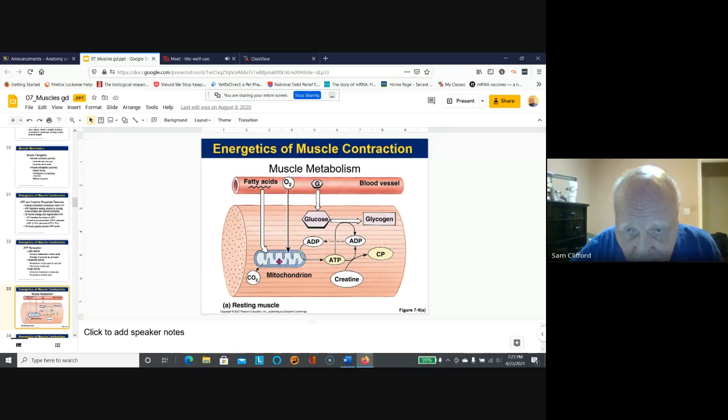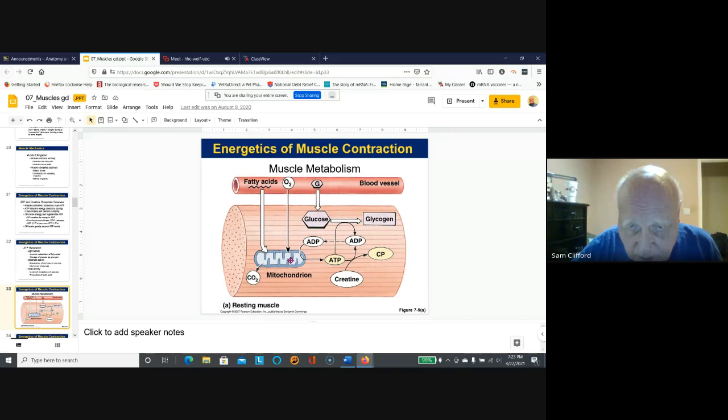So the mitochondria is going to make ATP. It's going to take glucose, and the energy of glucose will generate ATP, and creatine phosphate will be generated. Any glucose not used is going to be stored in the liver as glycogen or animal starch.